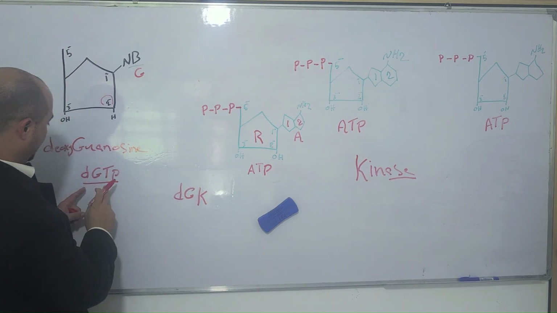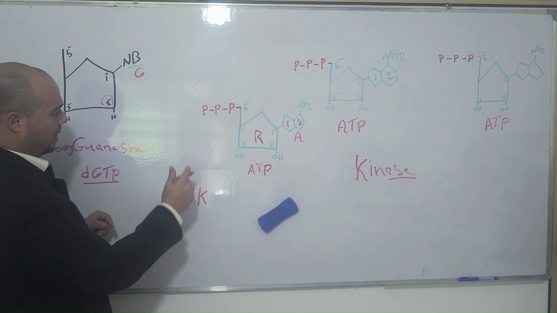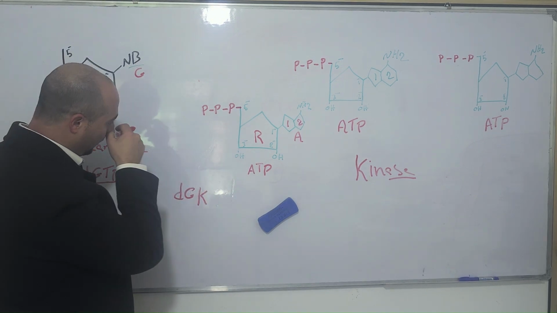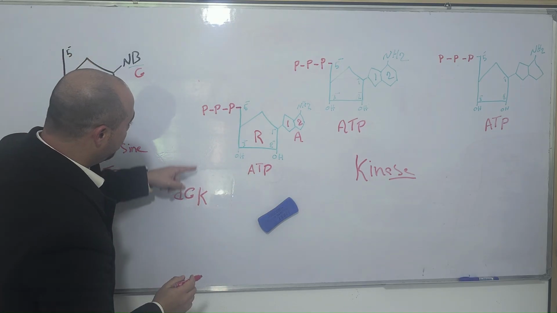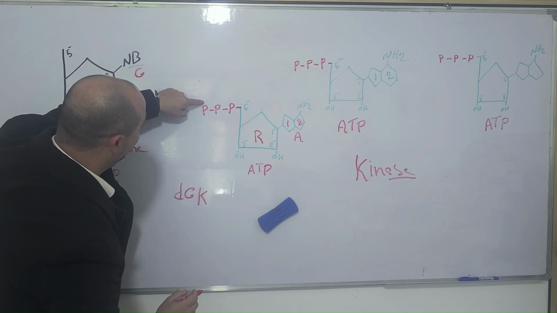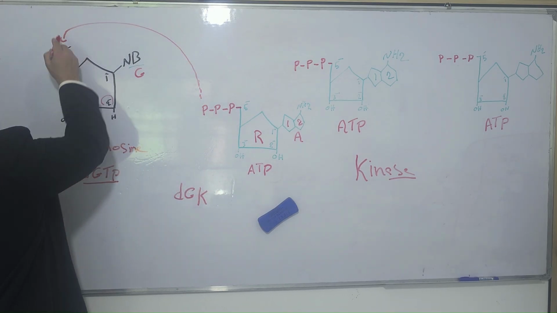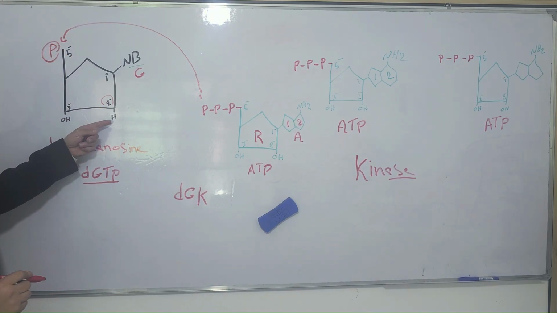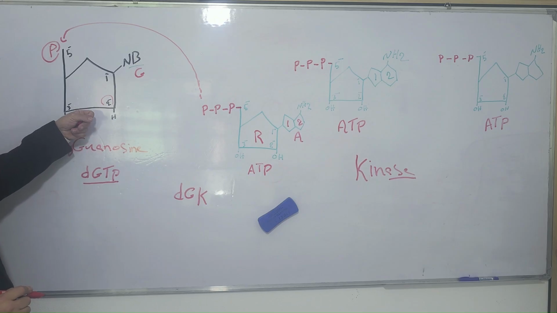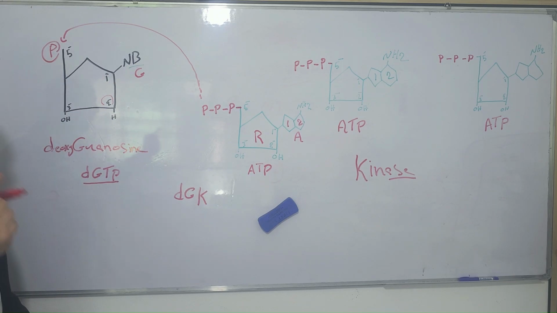Deoxyguanosine simply refers to this. Kinase is going to take a phosphate group, let it be from this one here, and insert it at the 5' end of the guanosine. And now we have deoxy, because remember there's no oxygen here, so it's deoxyguanosine monophosphate.